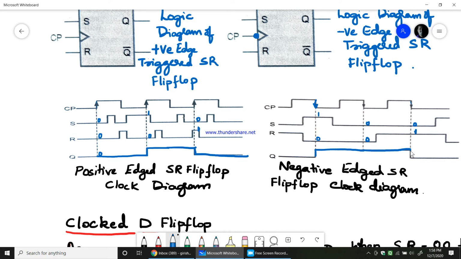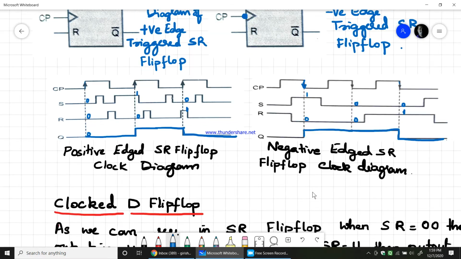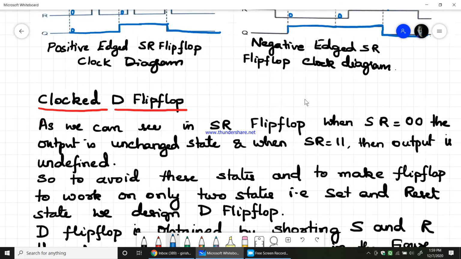Therefore it gets into the reset state until the next clock pulse arrives. So this is the clock diagram of the negative edge triggered SR flip-flop. This is how positive edge triggered and negative edge triggered SR flip-flops work. Next we'll see the clocked D flip-flop.